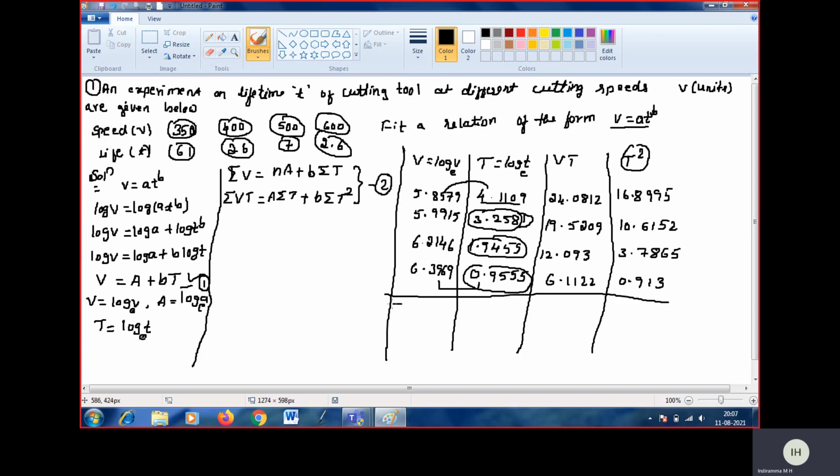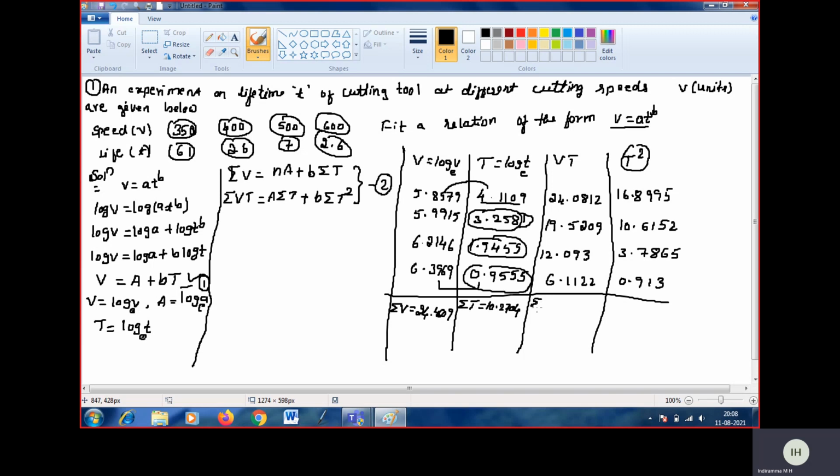So summation of V will be, adding all these values, we will get 24.4609. Next, summation of T will be 10.2704.